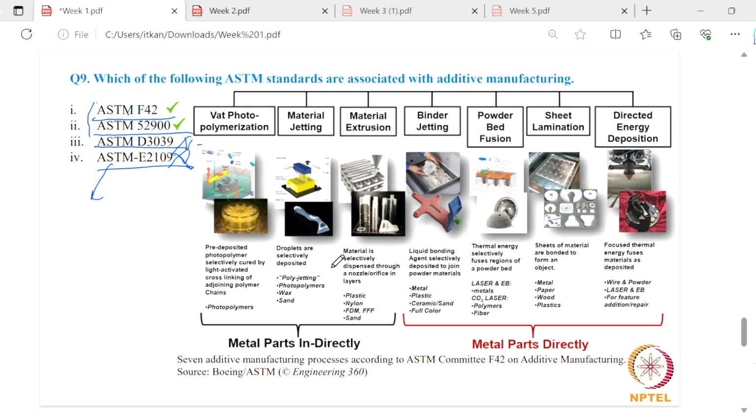In vat polymerization, as we have said, we have a vat and resin. Vat means container. The laser will scan, and the laser is in the form of UV rays. It will scan and cure our resin.